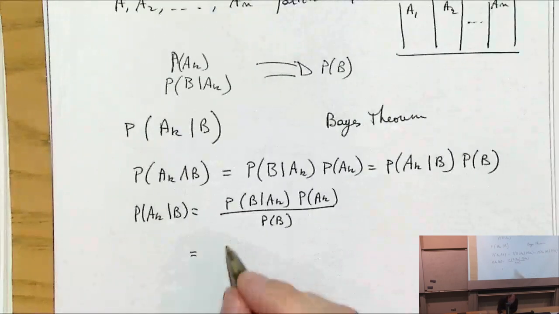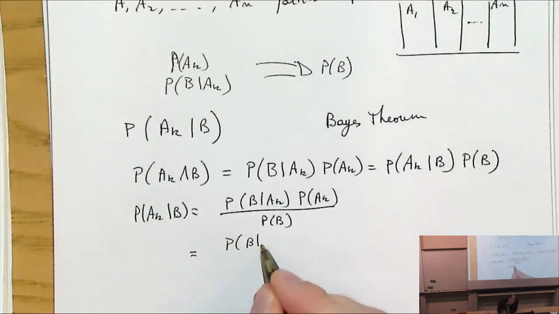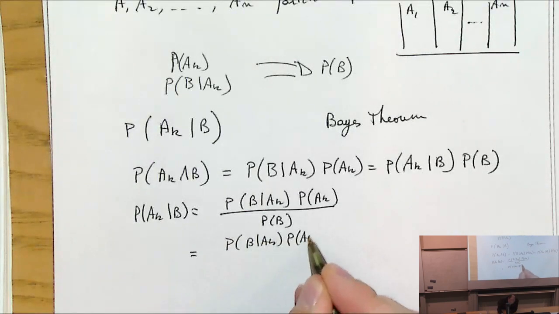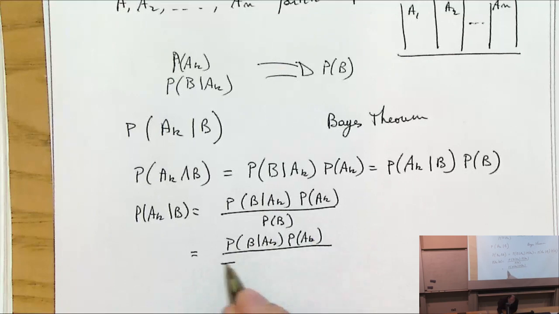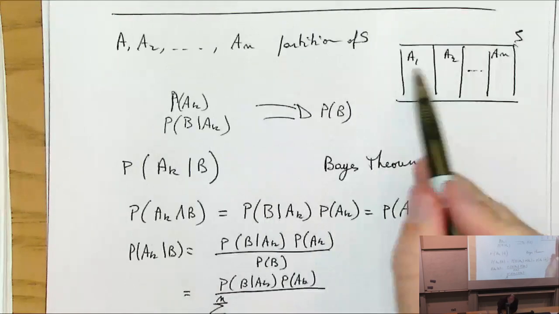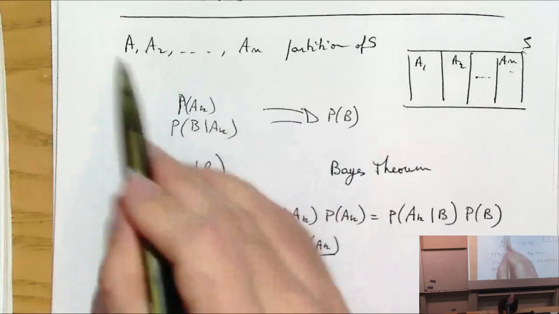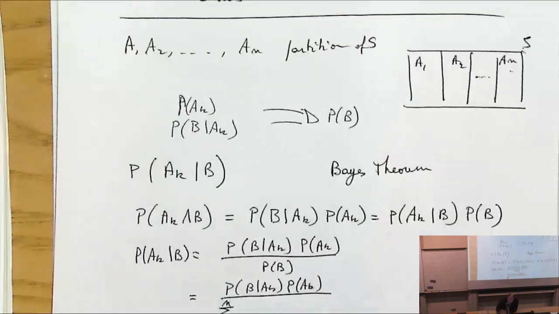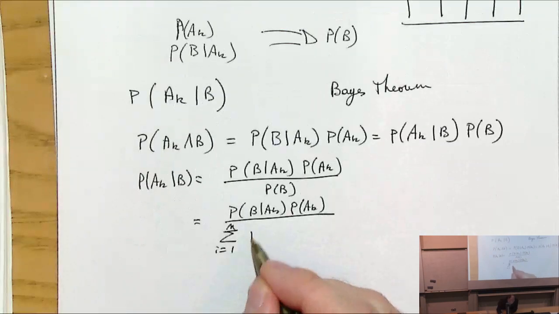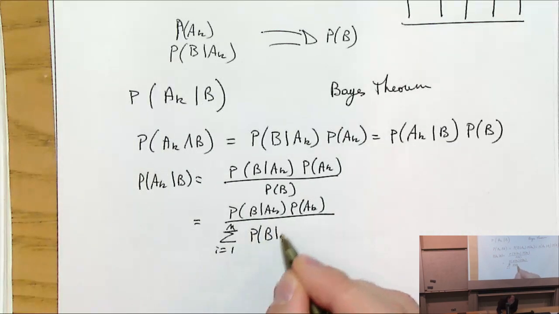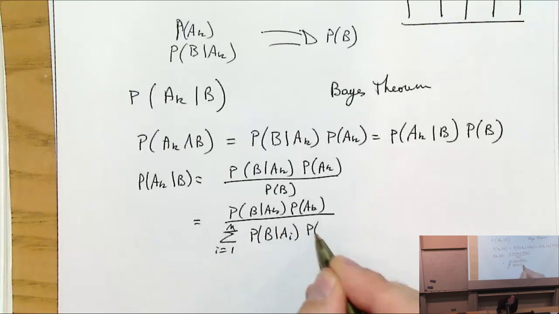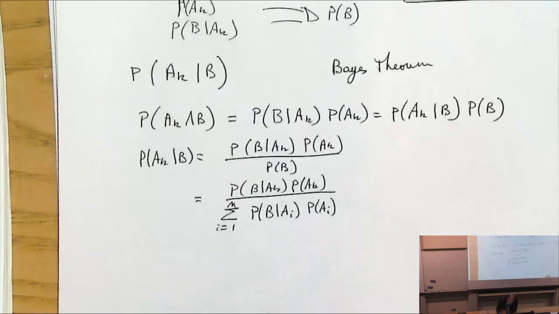What is my total probability? I have first my numerator here. And what is the numerator? Is the sum over all I from 1 to n, right? I have n essentially sets here forming the partition of S of P of B given AI multiplied by P of AI.